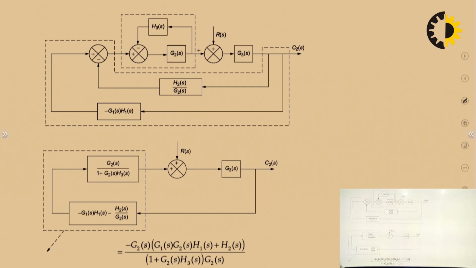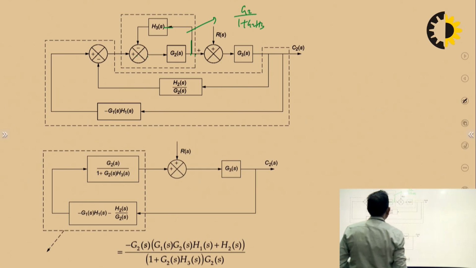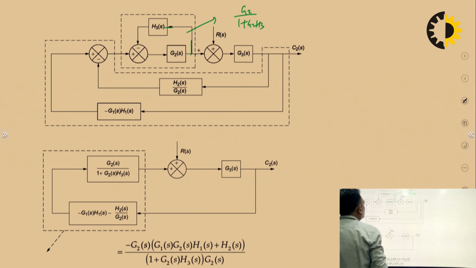Now you can see this is the forward path and this is the feedback path. So you can solve it. It is G2 upon 1 plus G2 into H3. So we have solved this, and also this H2S by G2S we can solve.